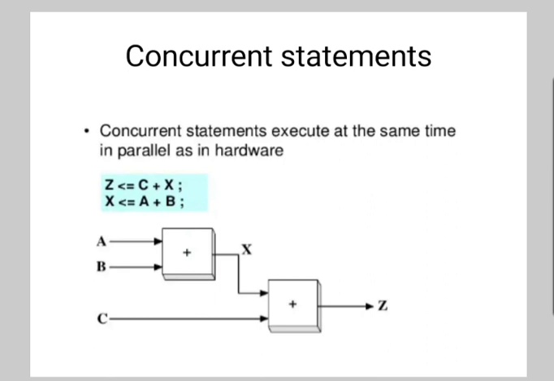Concurrent versions of some sequential statements are concurrent signal assignment, concurrent procedure calls, component instantiation statement, and generate statement.